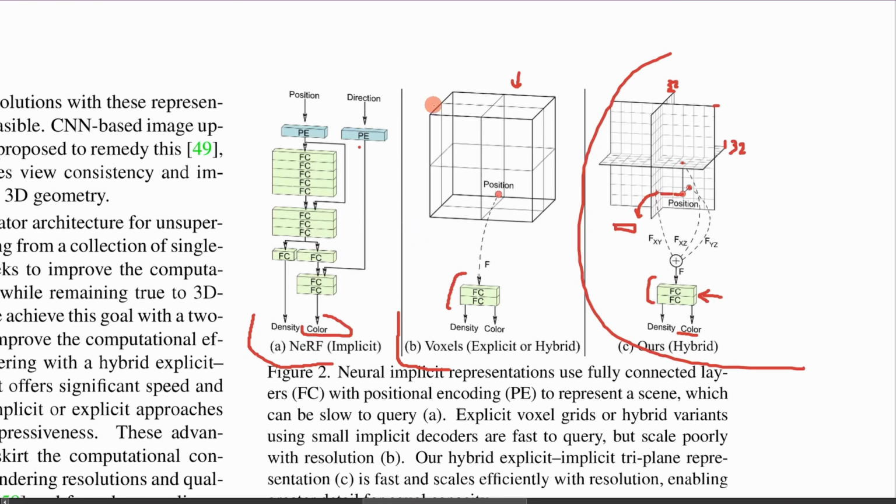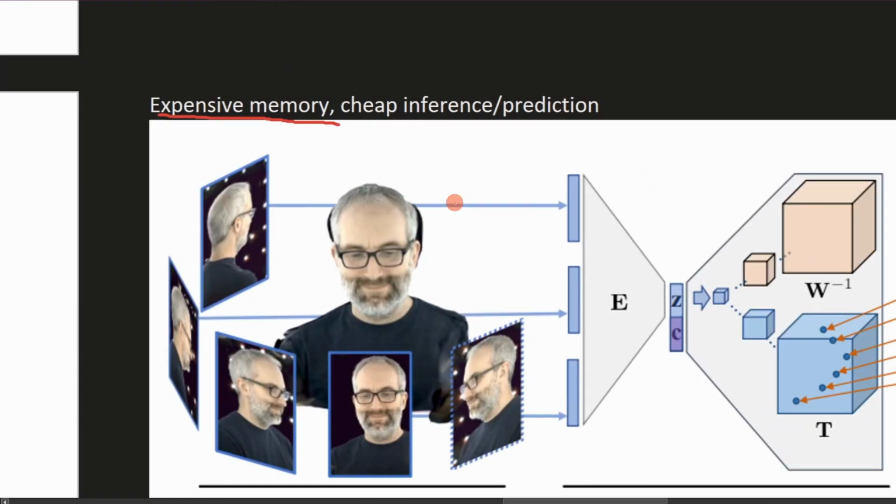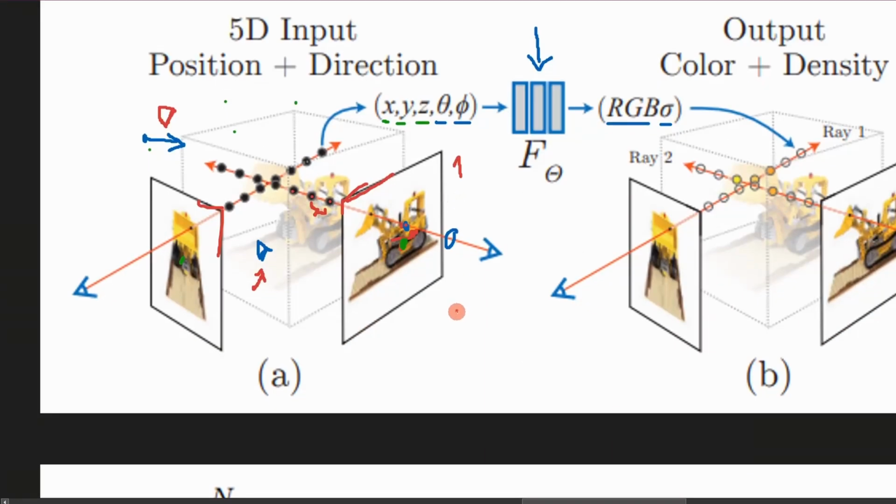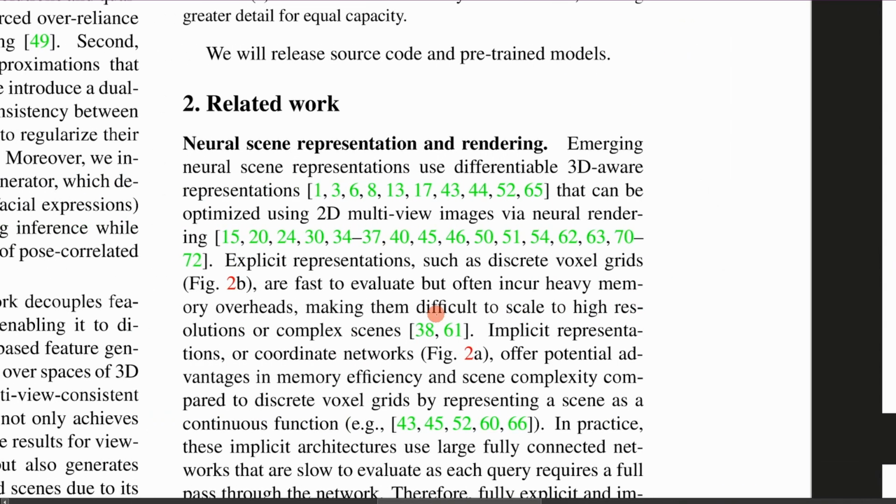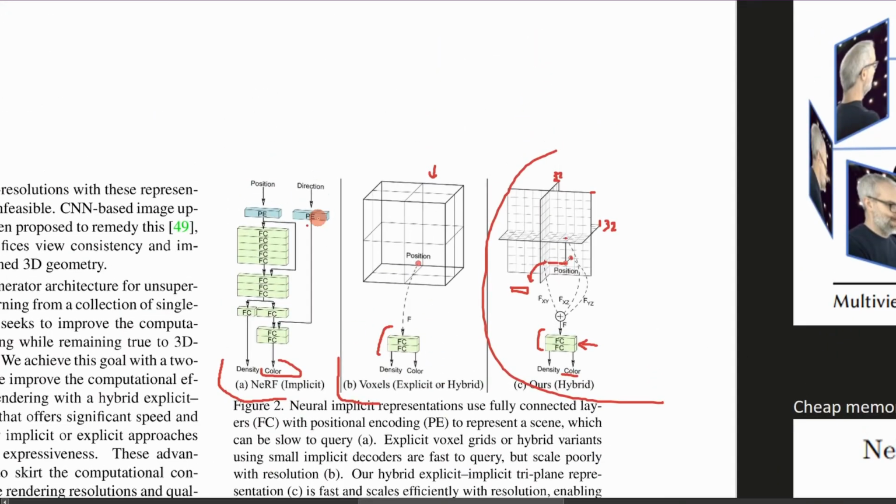So even if you're in the scene in a certain position, like here, depending on how you direct the ray from that point, you're going to have different colors, because of the way that NeRF is set up here.